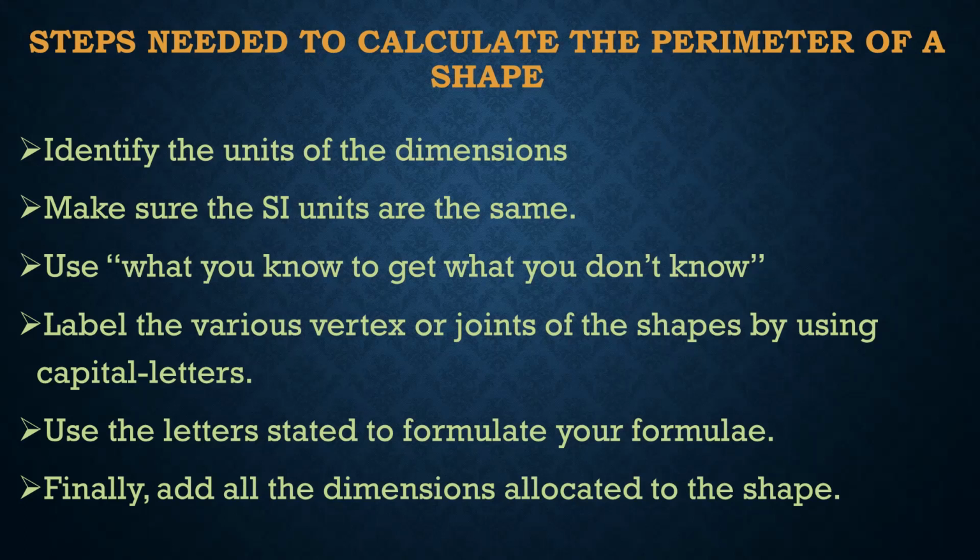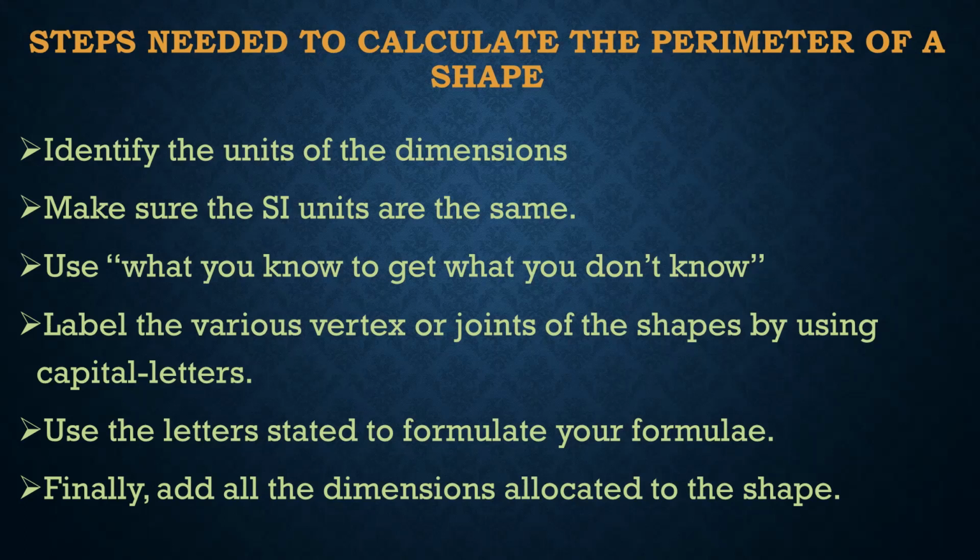Use the marks on the lines to identify those lines that are the same and those lines that are not the same. Then you label the various vertices or joints of the shapes by using capital letters. Use the letters stated to formulate your own formula.